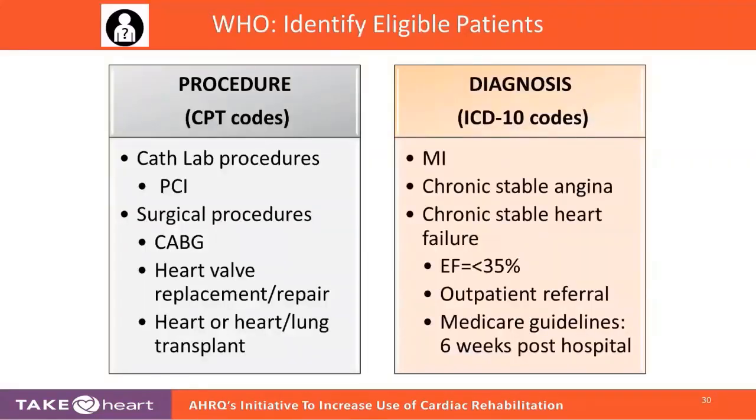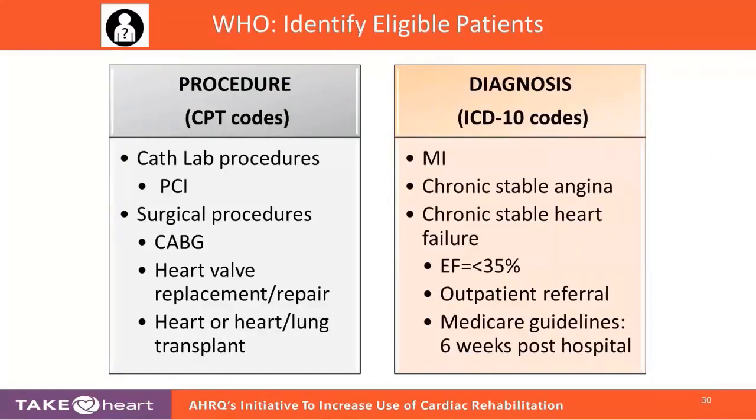So if we think about the who, identifying eligible patients, the advantage, if you will, of our billing system is that we have these very convenient CPT and ICD-10 codes associated with our patients, and that becomes a nice structure to tag this onto. If someone went to the cath lab and had a PCI, I have a CPT code that tells me that. Same for their surgical procedures.